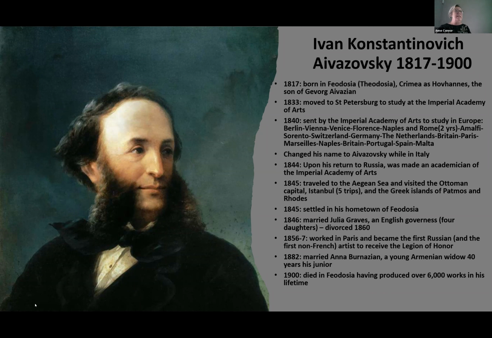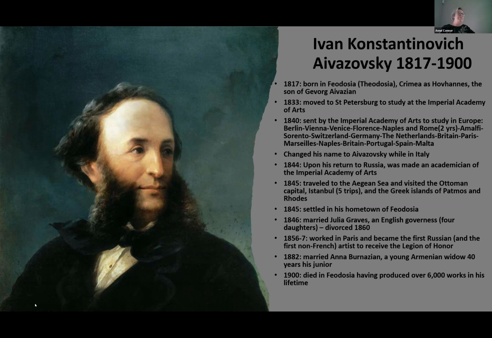While he's in Italy, he is going to change his name from Ivazian, which sounds very Armenian, to Aivazovsky. In 1844, he returns to Russia, made an academician at the same Imperial Academy, and then goes on traveling in 1845 to the Aegean Sea, visited the Ottoman capital.